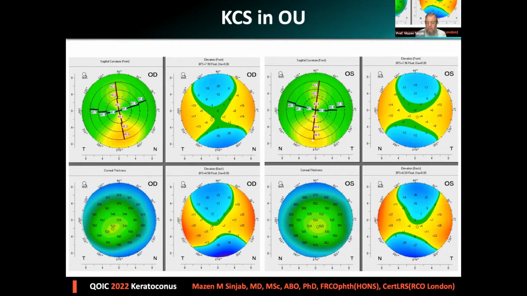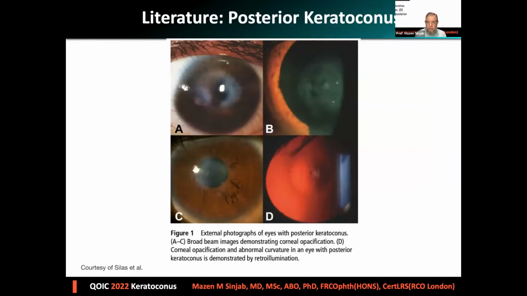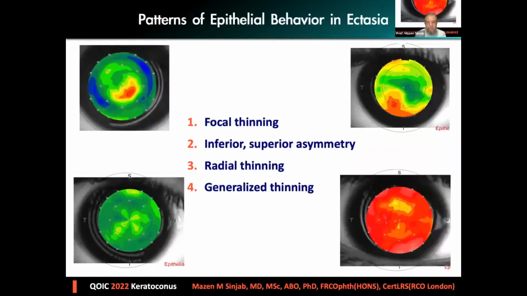So it is just the same abnormality, but depends on the other eye. Posterior keratoconus, everything is normal except the posterior elevation map. However, it may be due to congenital deformity, especially if it is bilateral and associated with scar.